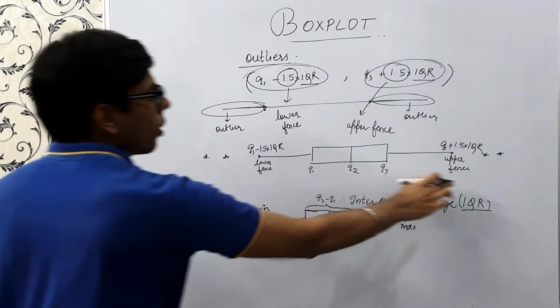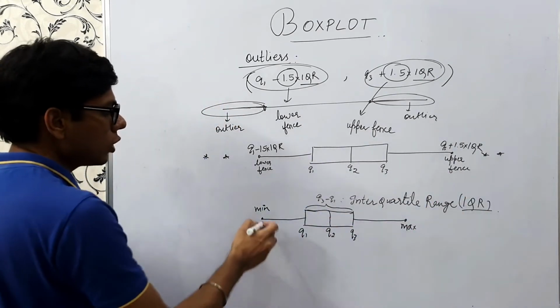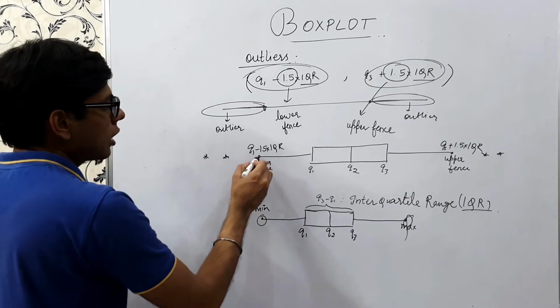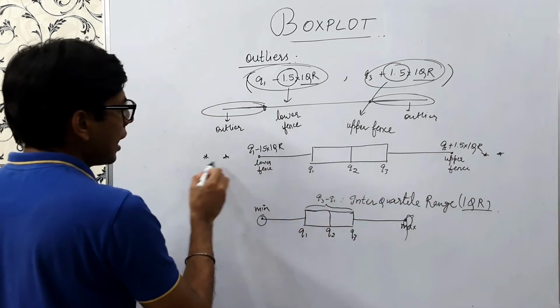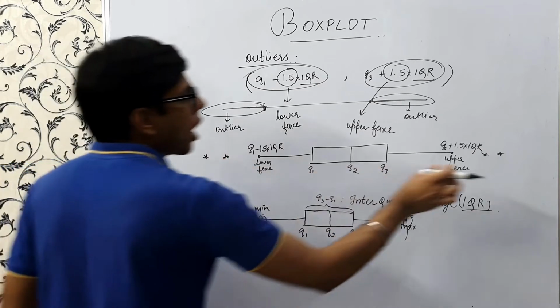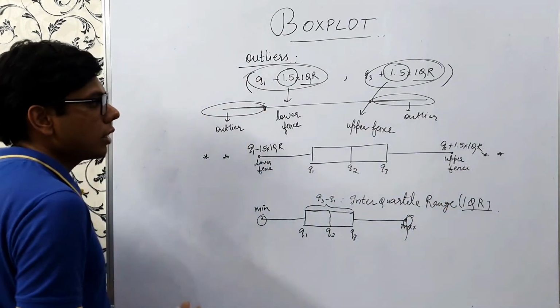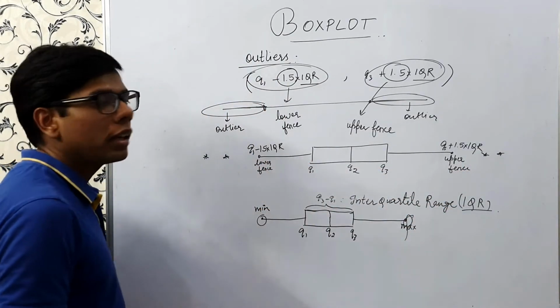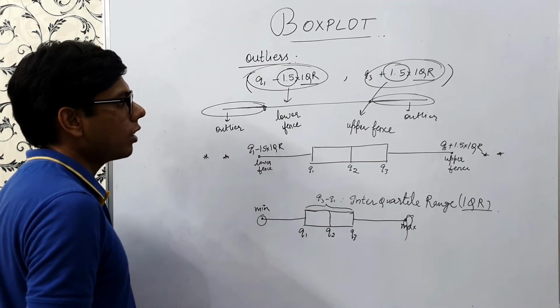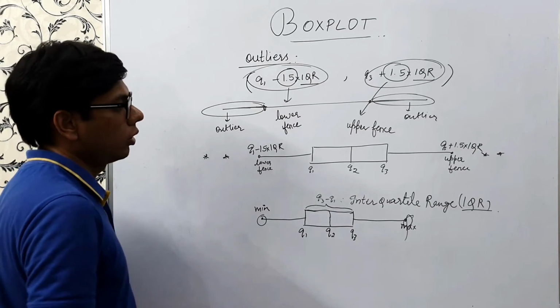So this is another version of a box plot in which we just don't take the minimum or maximum. We'll just take the lower fence and upper fence, and we'll plot any observation as a star, which represents that this data set has an outlier or outliers, right? So this is box plot.